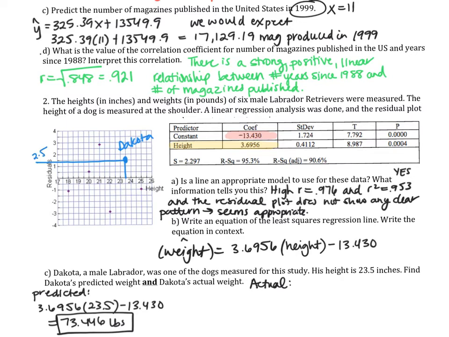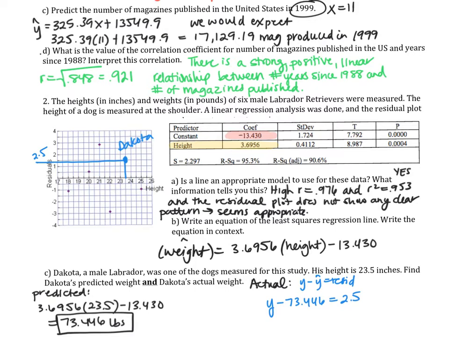Remember, residuals are equal to observed minus expected. In our case, the observed, or actual, we don't know, minus expected, which is 73.446 pounds, gave us a residual.